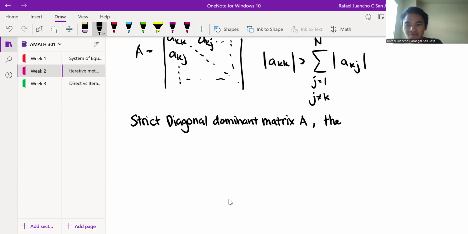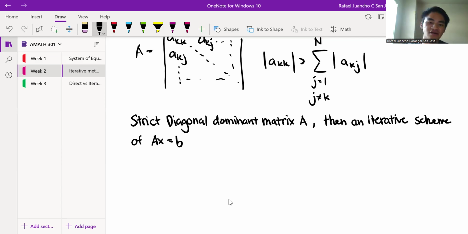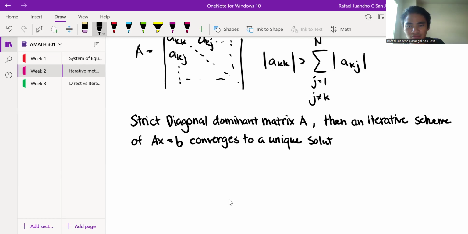An iterative scheme of our linear system AX equals B actually converges to a unique solution. I don't know, X is P, doesn't matter what it is. Let's just say it's P. So Jacobi iteration produces a sequence.